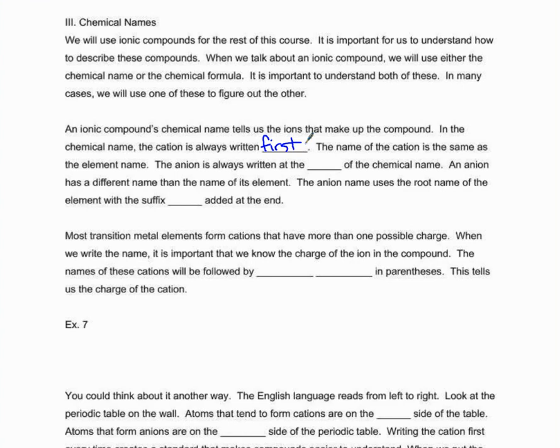The name of the anion is always written at the end of the chemical name. So it goes cation first, anion last. The anion has a different name than the name of its element. It's a slight spelling change. The anion name uses the root of the element, but with the suffix -ide.